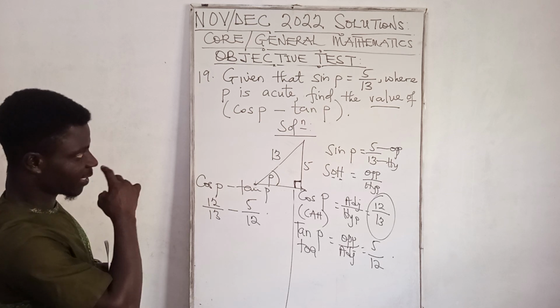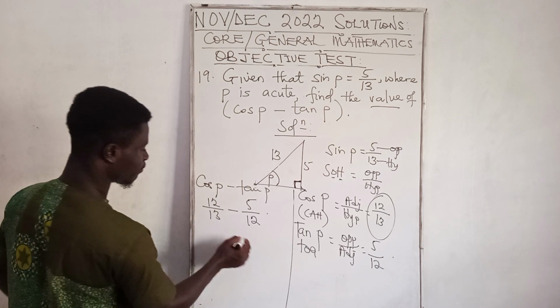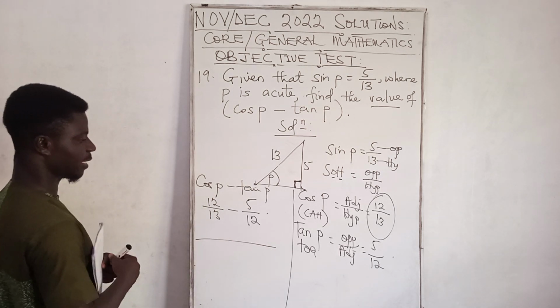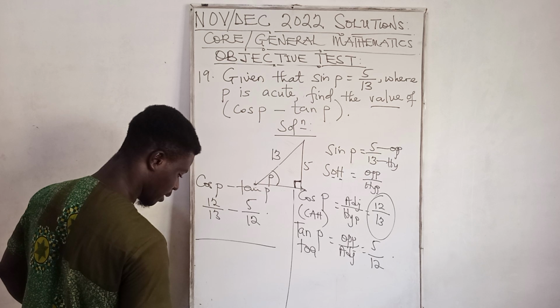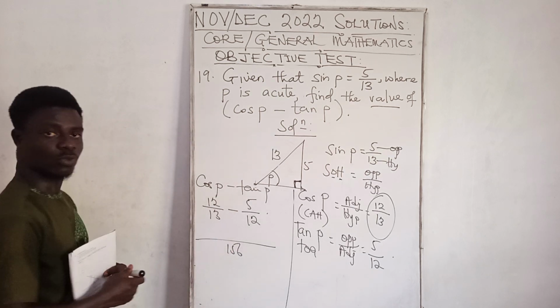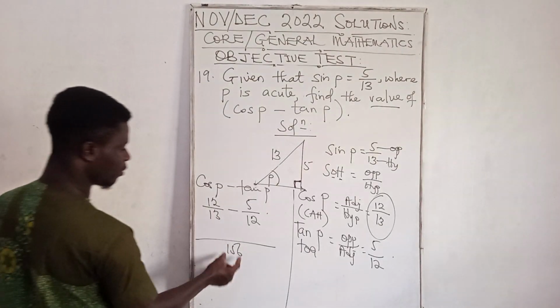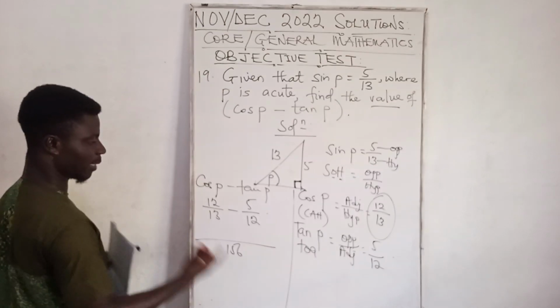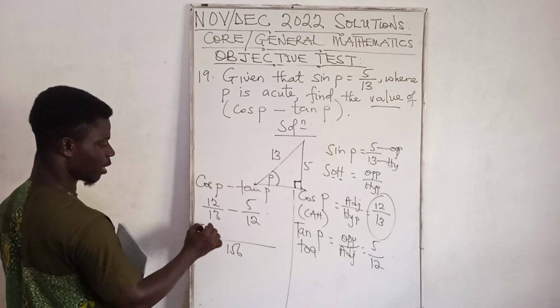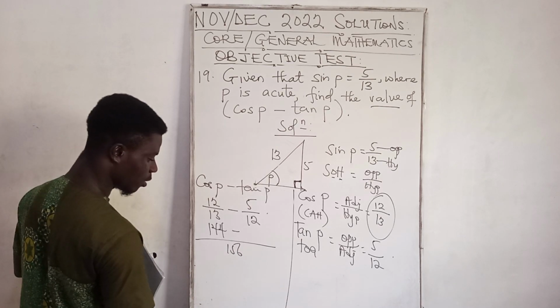we can subtract. Which, when we subtract 13 times 12, which gives 156. So this one becomes a subtraction of what? Fraction, right? So 13 goes into 156. How many times? 12 times. 12 times 12, we get 144, minus 12 goes into 156.